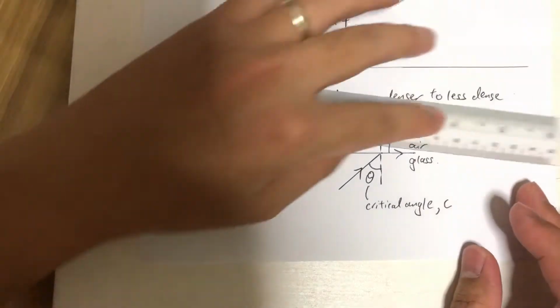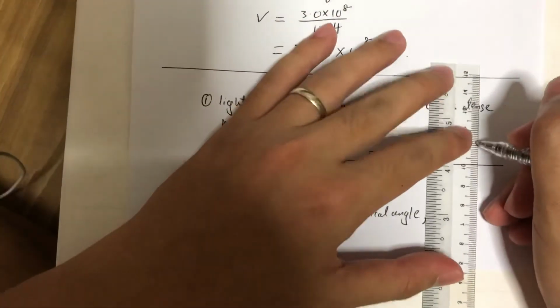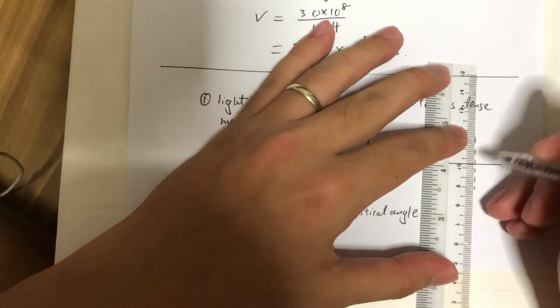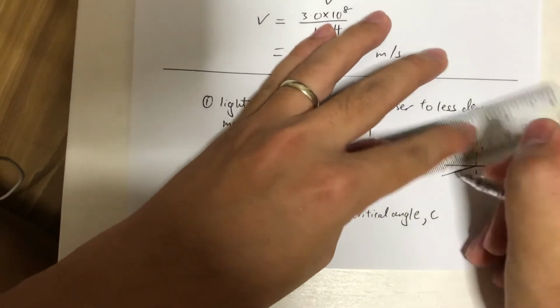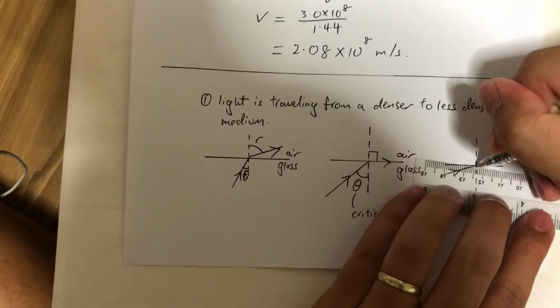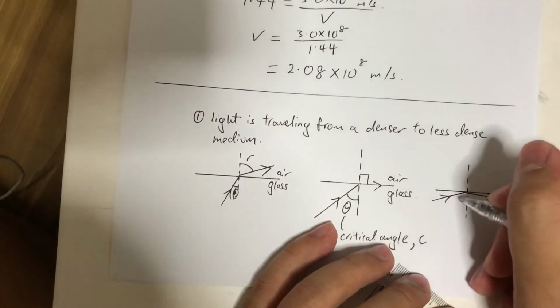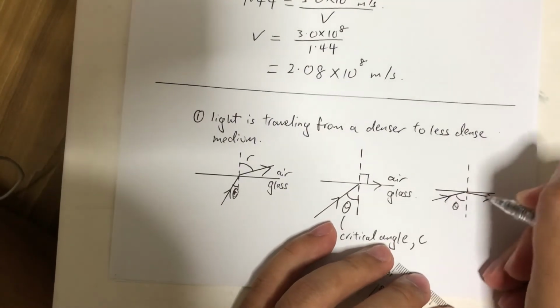And what happens if I increase it even further? Well, when you increase it even further, the light ray will actually get reflected into the medium itself.